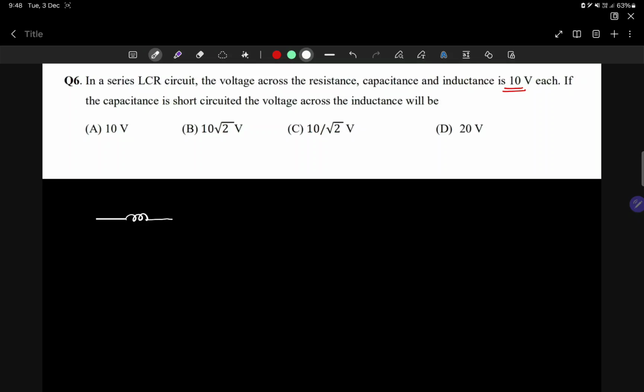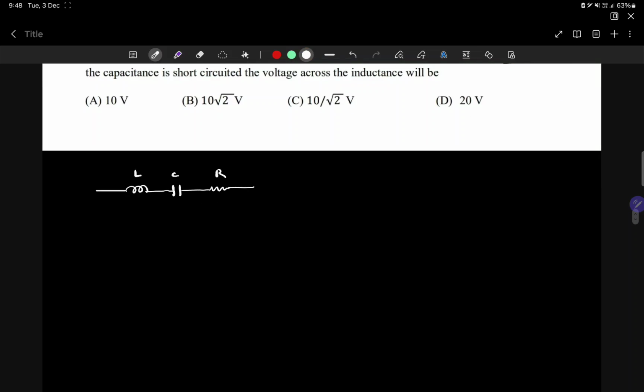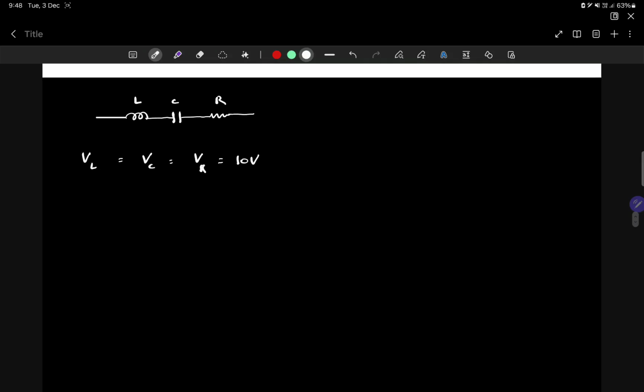So this is an inductor, capacitor, and another one is a resistor. Inductance L, capacitance C, resistance R are in series, and it is given that the voltage across them is 10 volt. That means the voltage across the inductor is equal to the voltage across the capacitor, equal to the voltage across the resistor, which is 10 volt. We know the voltage formula, current into resistance.